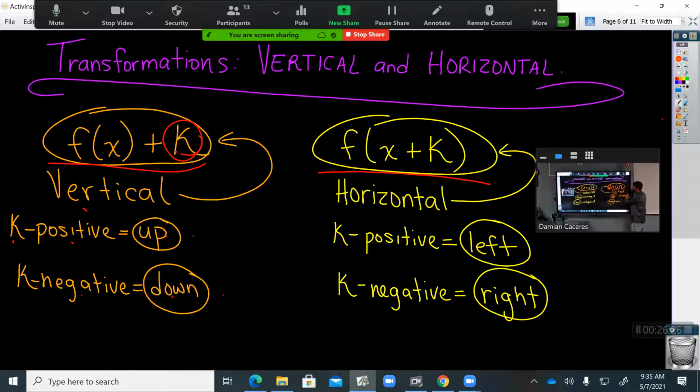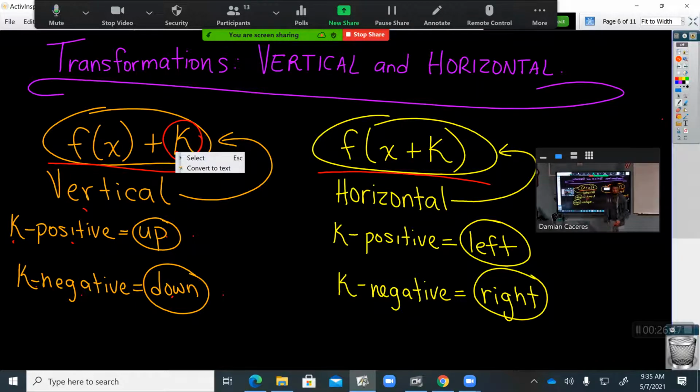So main thing, not in the parentheses versus in the parentheses. Now, vertical, super normal. Up is positive. You could have guessed that because that's how it usually works. But the horizontal side is always backwards because the formula has a minus in it.